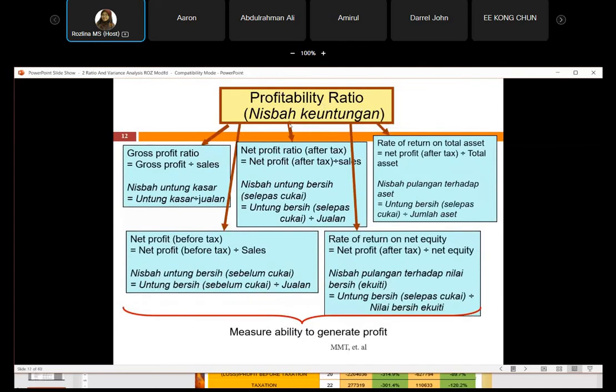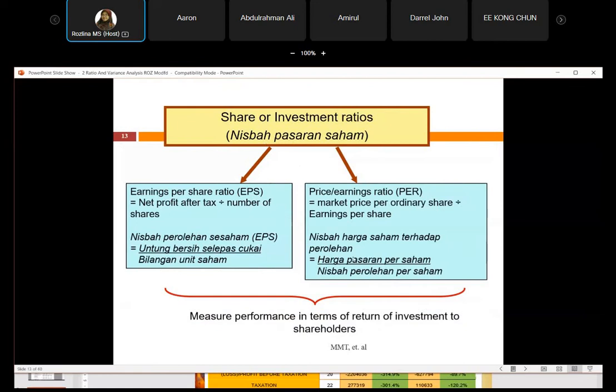Then we have profitability. The ones at the end are just for your knowledge. The important ones are normally the first two, activity and liquidity. The gross profit ratio and the other formulas are here.